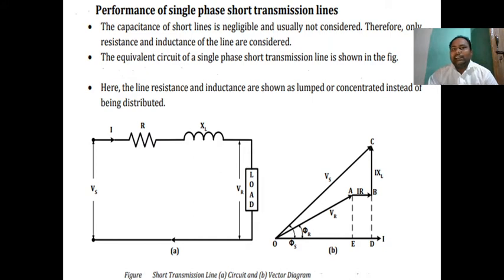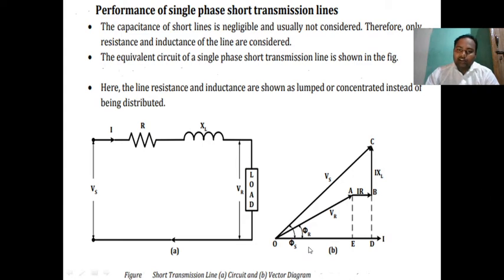So what is lagging and what is leading? With Vr as the reference, lagging is nothing but clockwise, and leading is anti-clockwise. You must know these points: lagging and leading.